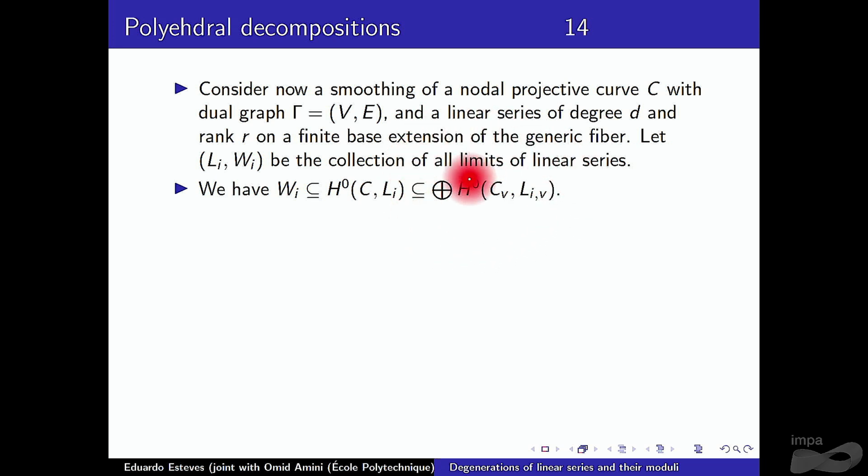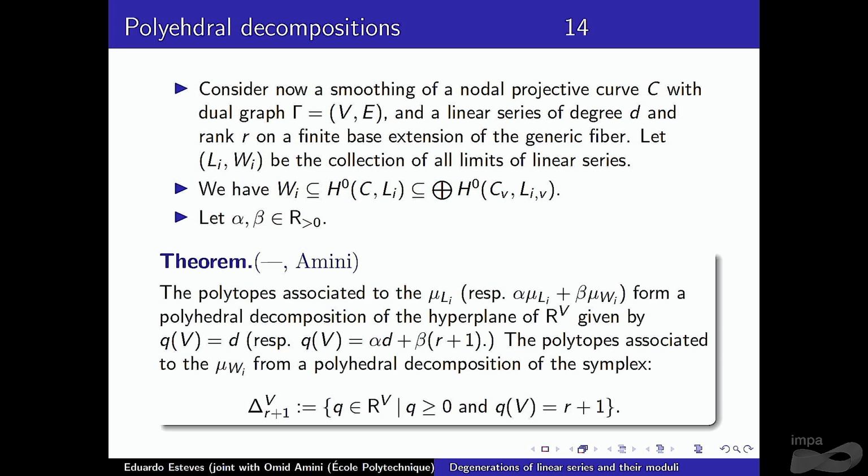So here is a space which is decomposed as in Kapranov's. Right? So I can associate to this the polytope associated to W. So that's how the polytope appears. And then we have two polytopes, the one associated to L, the one associated to W, and we can pick a sum of them, a linear combination of them.